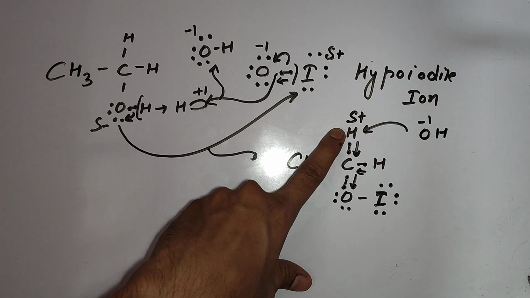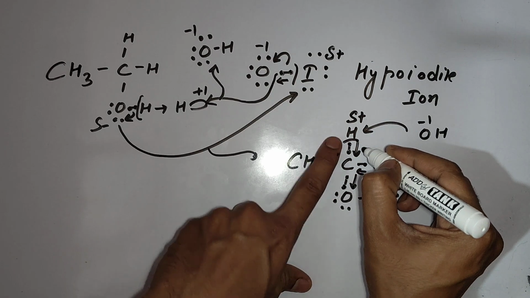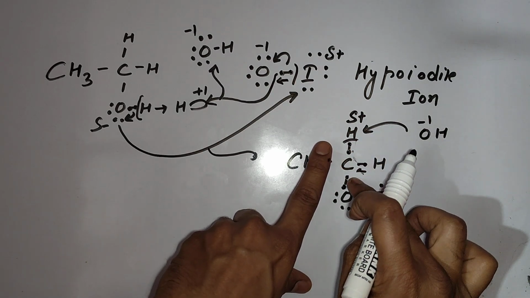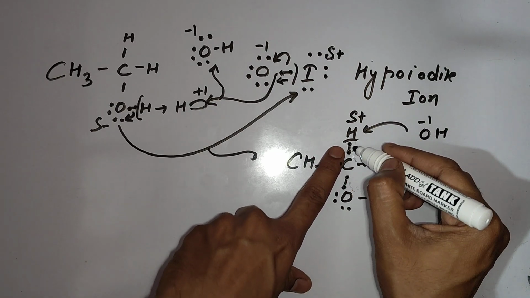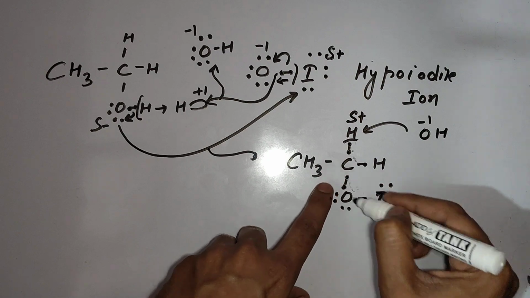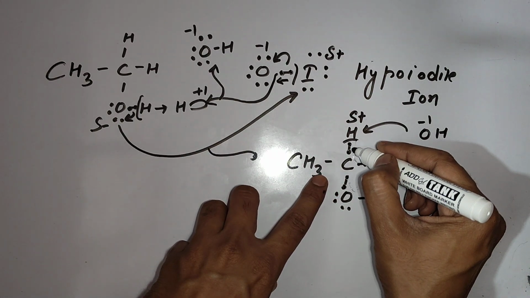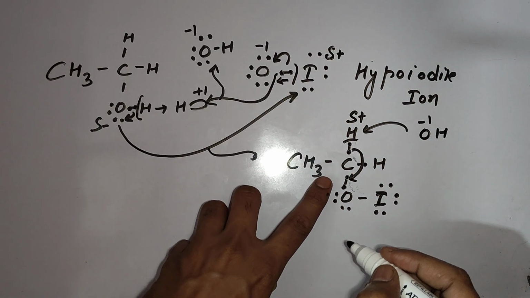Like this. Due to which these electrons will completely transfer toward carbon, and because this group is attracting electrons, this carbon will shift these electrons toward oxygen for bond formation.